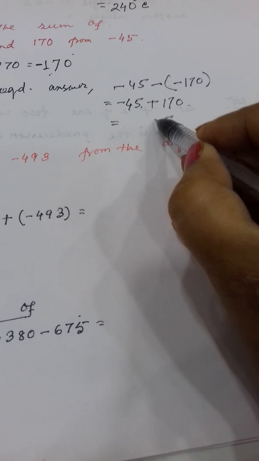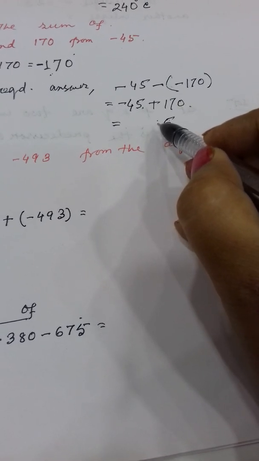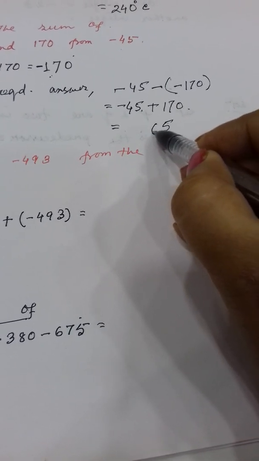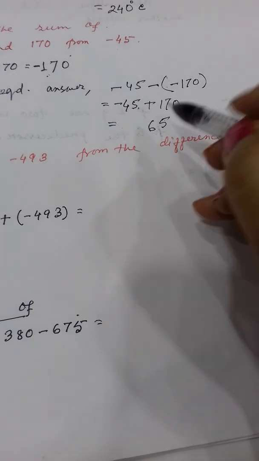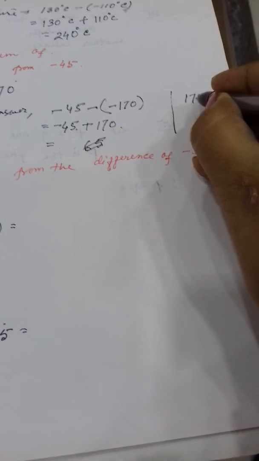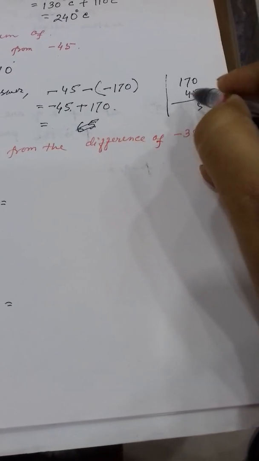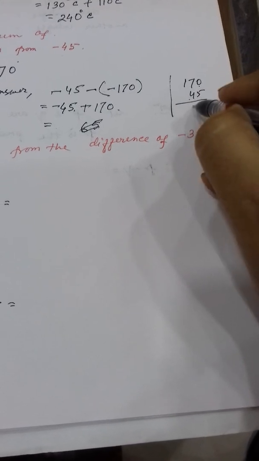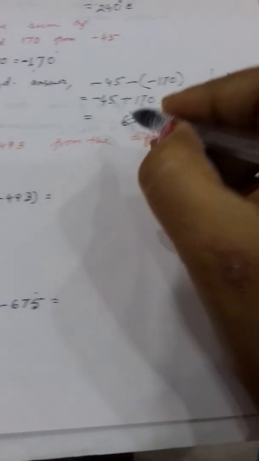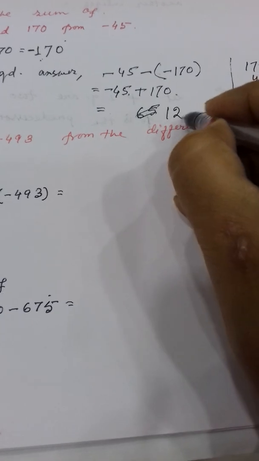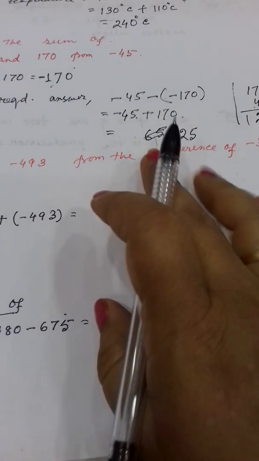So 14 minus 8 will be what? 6. Sorry, I have made also wrong, students. Do over here. 10 minus 5, 5. 4 plus 1, 5. 7 minus 5, 2, 1. 125.